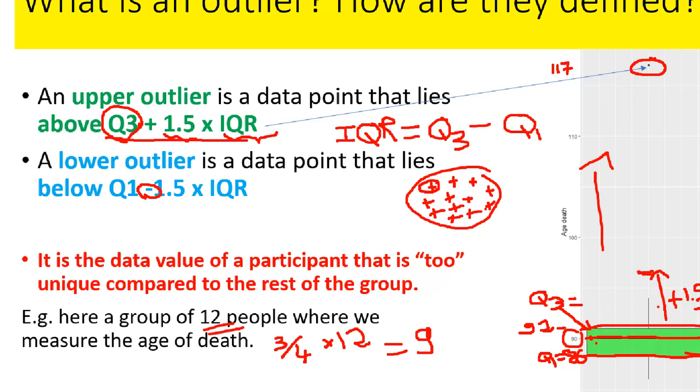So be careful, check that there are outliers before saying that this is the minimum and this is the maximum. This isn't the maximum. The maximum here is your upper outlier, 117. You may have several upper outliers and you may have several lower outliers. You may have no upper outliers and no lower outliers. It depends on your data, okay?